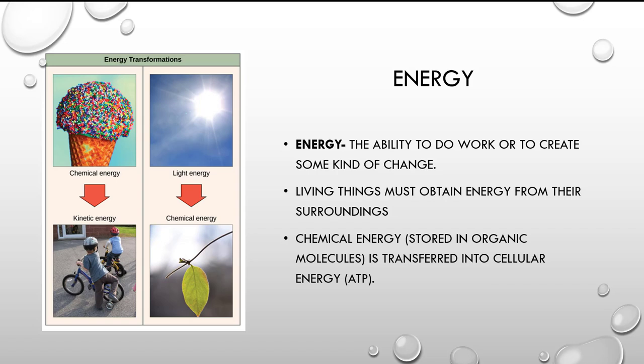That energy is going to be released and harnessed to form the molecule ATP. So ATP is cellular energy. Energy is going to get transformed into ATP, a special type of cellular energy. And in the next slide, we'll talk about potential energy and kinetic energy. Kinetic energy is the energy of motion.